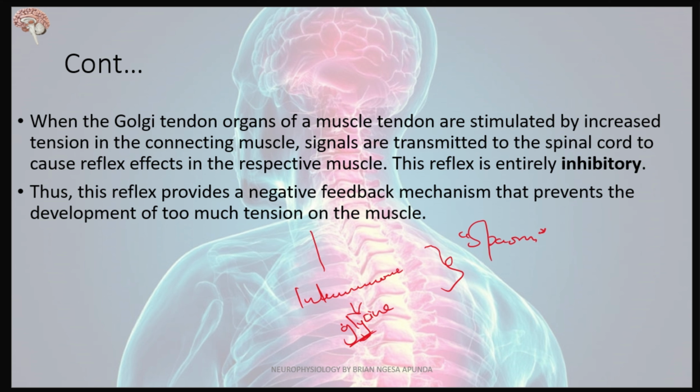So this reflex is entirely inhibitory. Thus, the reflex provides a negative feedback mechanism that prevents too much tension on the muscle, because we know that too much tension can also cause injury. Too much tension also means excessive utilization of oxygen and the available nutrients.